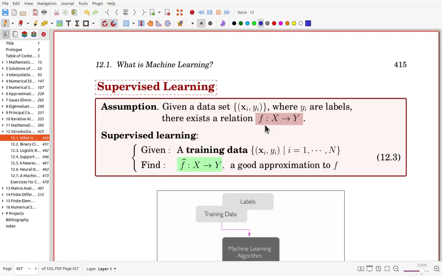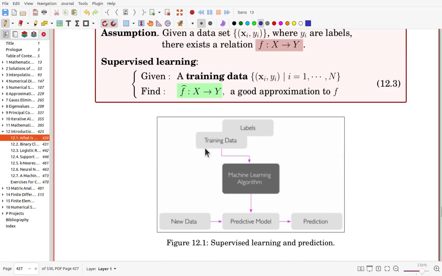Now, by using the data, we try to get f hat, which is a good approximation to the assumed function. So that is supervised learning. We try to find a function. Here the data is along with labels, and the machine learning algorithm will make a function. Once a function is made, then when a new data point is coming, we try to predict. That's the supervised learning.